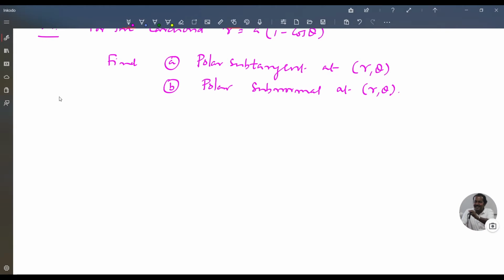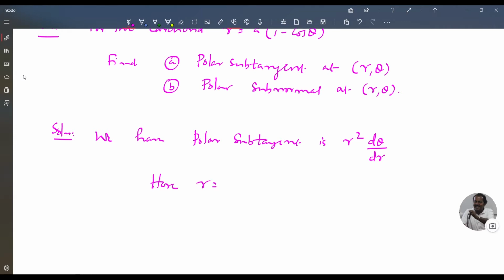Solution. We have polar subtangent is r square d theta by dr. Here r equals a into 1 minus cos theta.